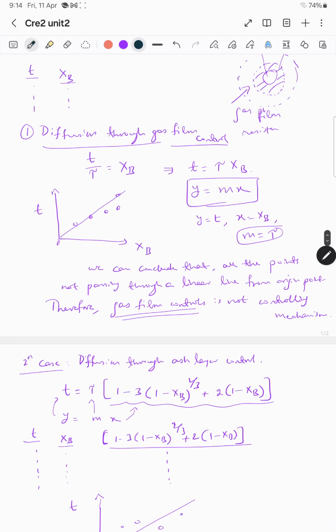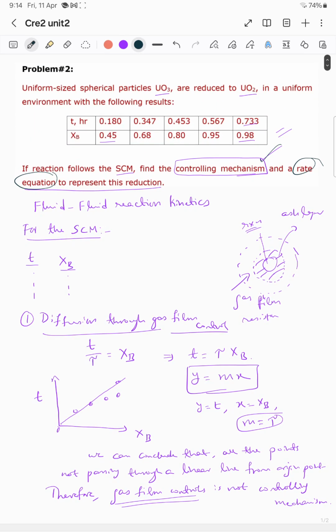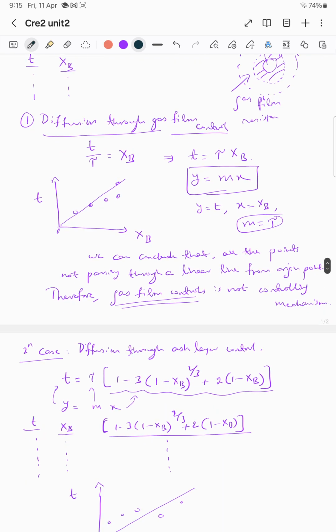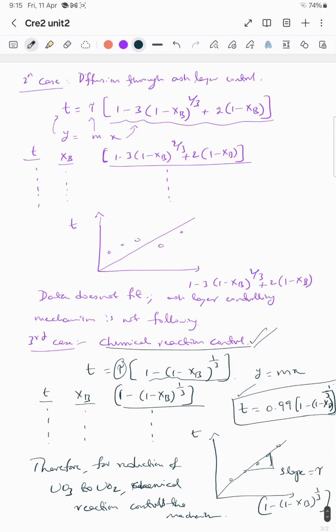For this kind of question you need to just verify which one is the controlling mechanism. In the examination they may vary the data of t versus xb, and you need to find out the controlling mechanism. Here in this problem we got only one, that is chemical reaction control.